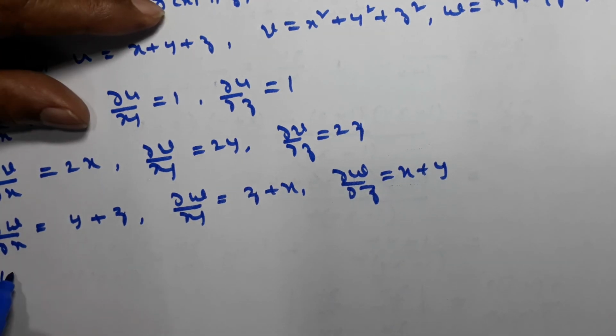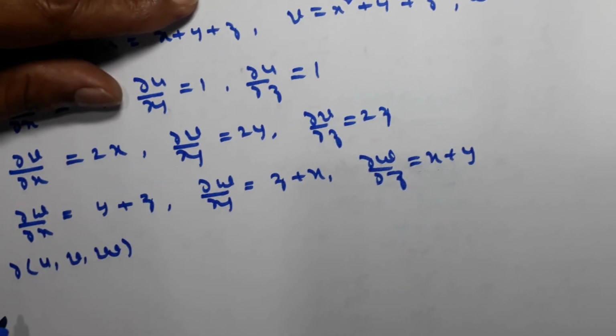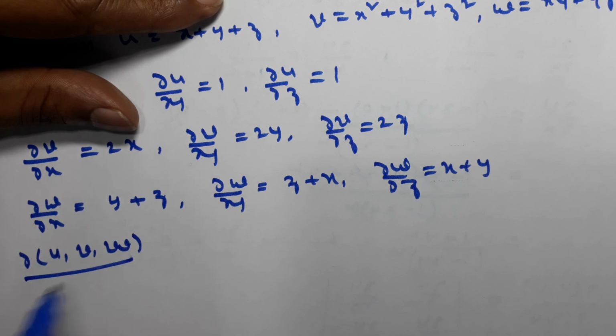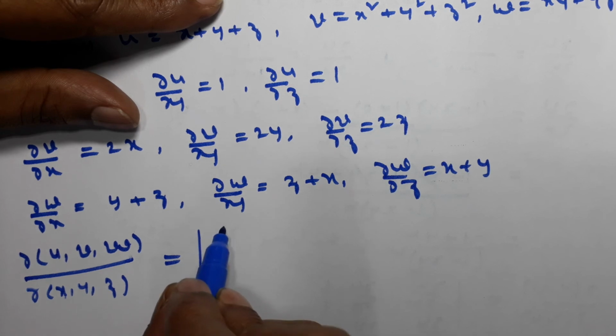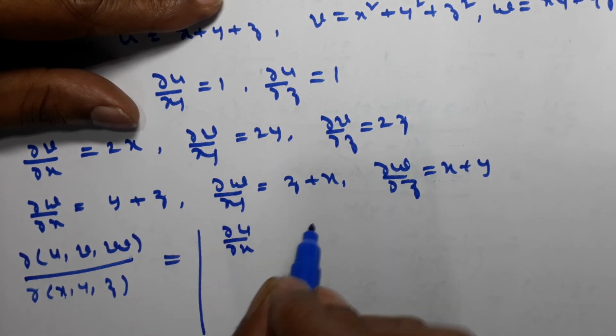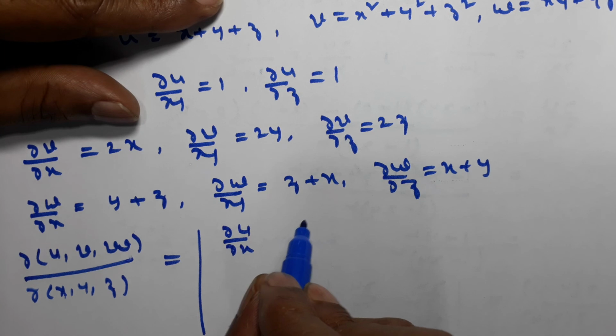So now the Jacobian ∂(u,v,w)/∂(x,y,z) is equal to the determinant. First of all, u is differentiated with respect to x, y, z partially.